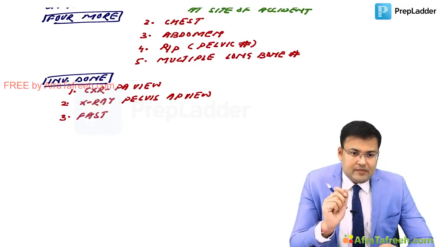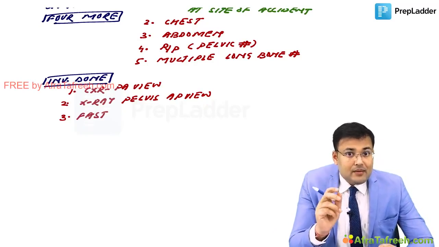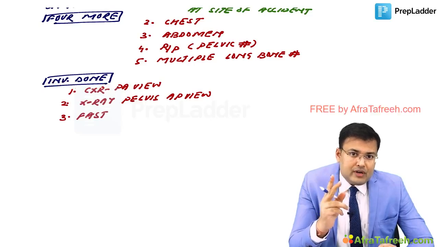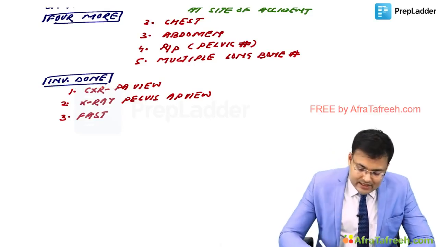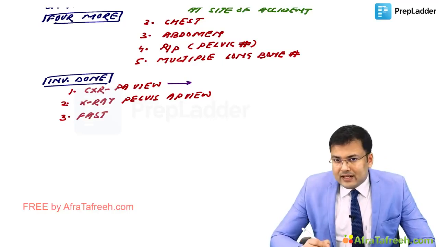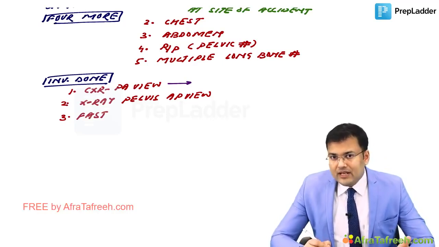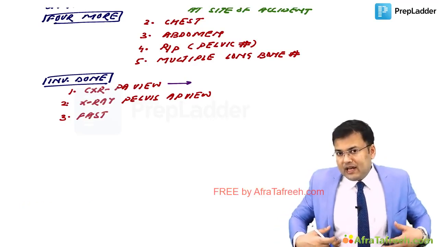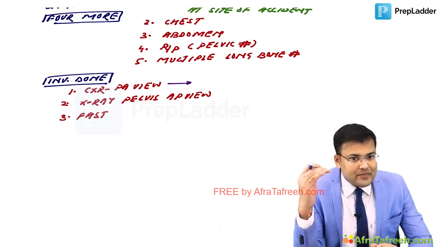Now see the second question. What are the two most important x-rays performed in patients of trauma? One is chest x-ray PA view. Why? Because by chest x-ray PA view, you can evaluate pneumothorax, hemothorax, tension pneumothorax, and even if the patient is having perforation peritonitis, you can see the pneumoperitoneum, gas under diaphragm. Clear?